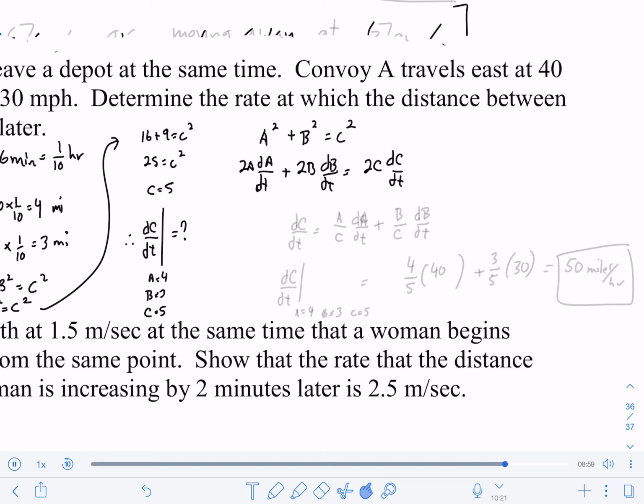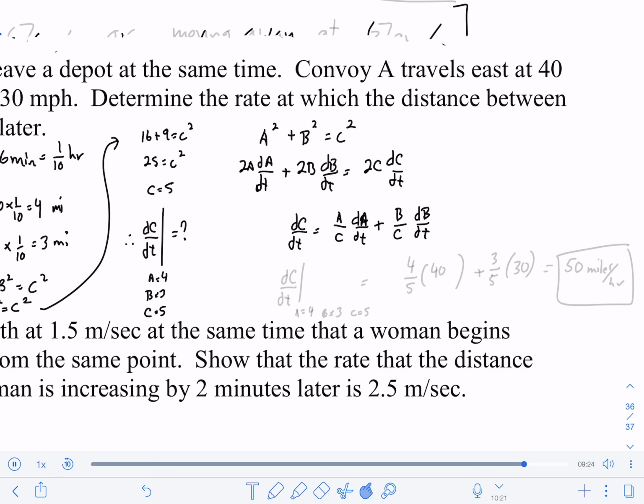And we're trying to find dC/dt, so dC/dt is going to be all of this stuff divided by 2C. So I can say A over C times dA/dt plus B over C times dB/dt.